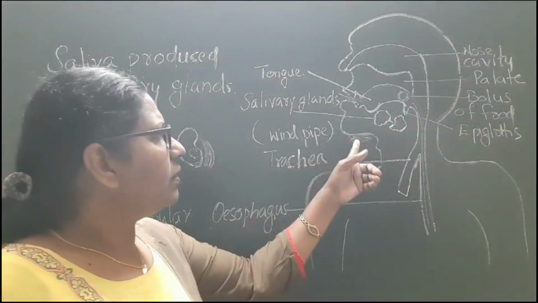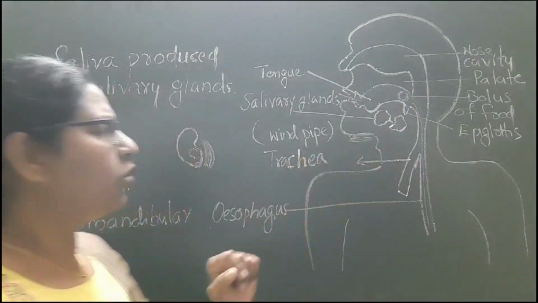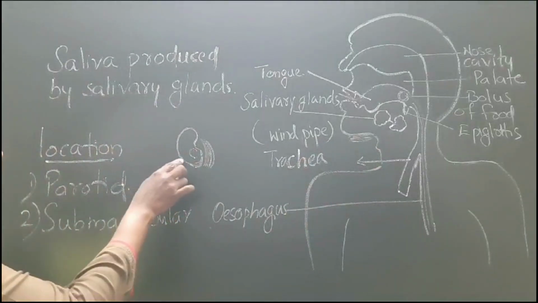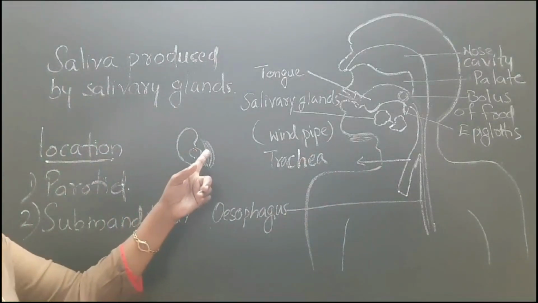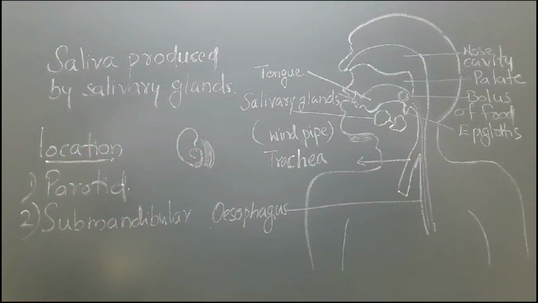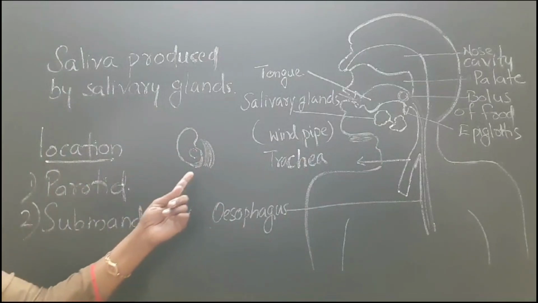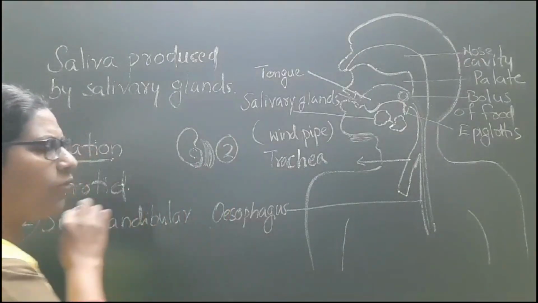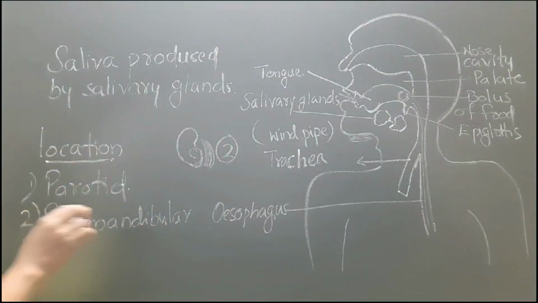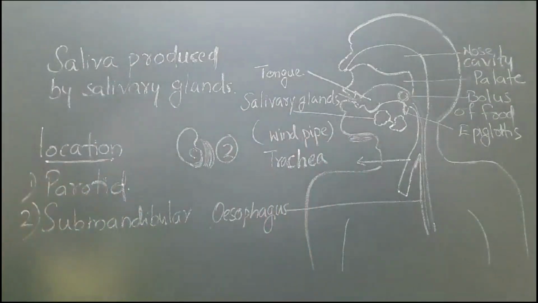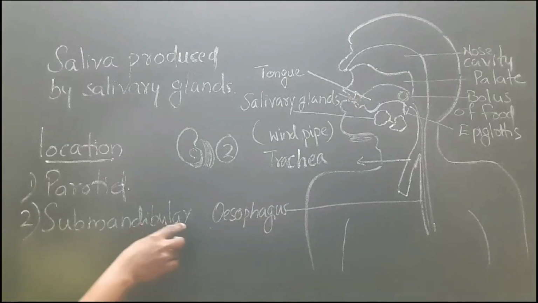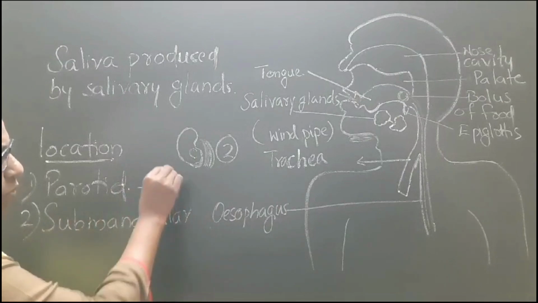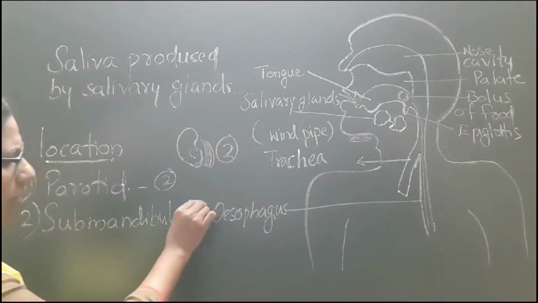Below the jaw, both the sides we have, and same here also, just in front of the ear, both the ears we have this. So parotid there are 2, in front of the ear, and submandibular there are 2, below the jaw, one on the left and the other on right.